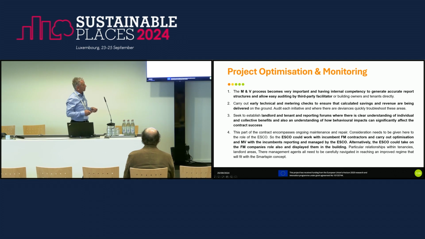Seek to establish landlord and tenant reporting forums where there's clear understanding of individual and collective benefits, and also an understanding of how behavioural impacts can significantly impact the contract success. We would do it like a quarterly forum, but in the initial stages of a contract that would be monthly, just to get things going.